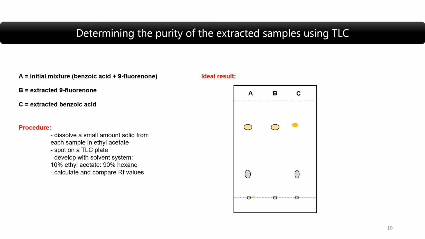And this will become more efficient when you practice doing the extraction, having hands-on experience. When you do it many times, you get better at it. But if you're doing it for the first time, you should expect to see a little bit of 9-fluorenone contaminating your aqueous layer extraction.